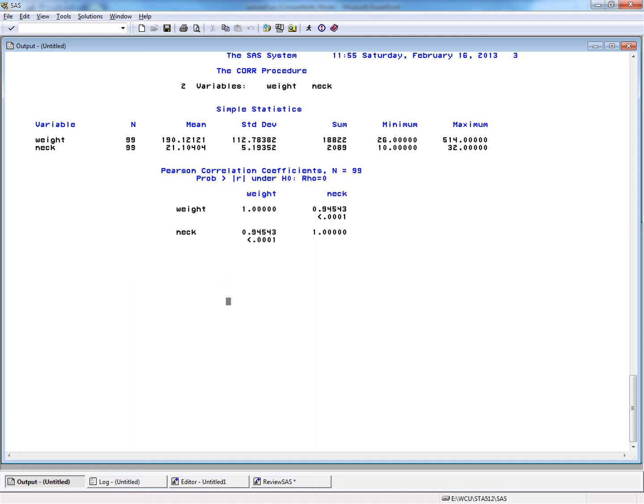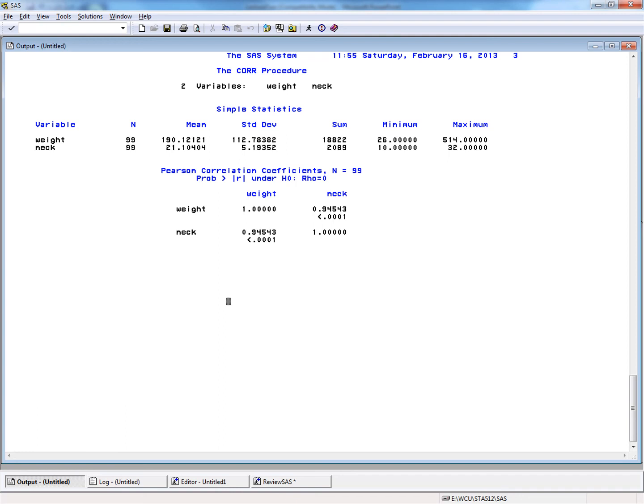SAS always tells us, if you read right above that grid, there's sort of two lines. Do you see it? The first line says Pearson correlation coefficients, N equals 99. And right beneath it, it says prob greater than absolute value of r under the null hypothesis that rho equals zero. It's basically saying the top number is the correlation, the bottom number is the p-value.